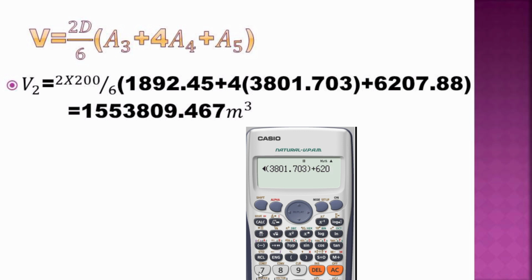By the use of the calculator, our answer becomes simplified, getting our answer as 1,553,809.467 meters cubed.